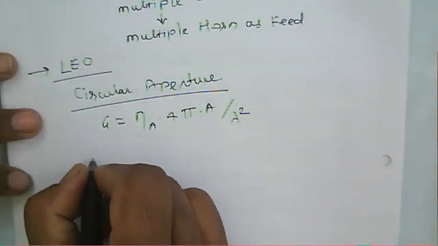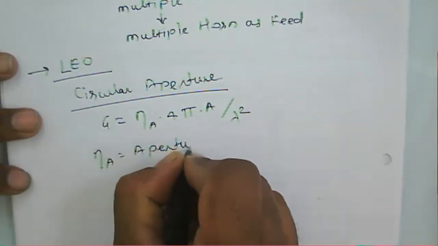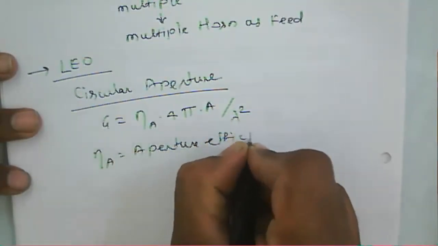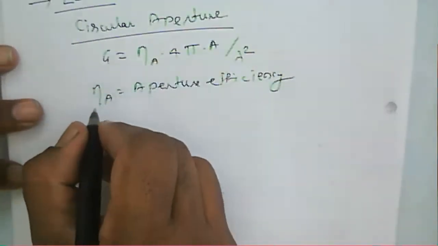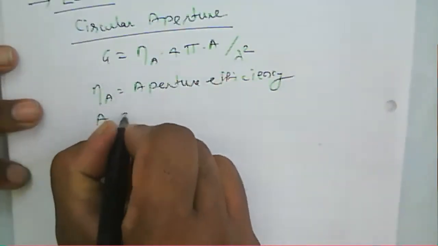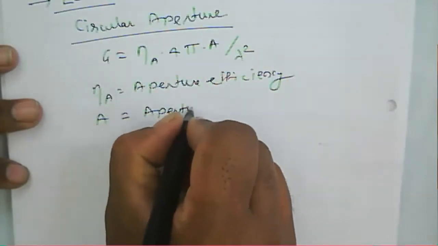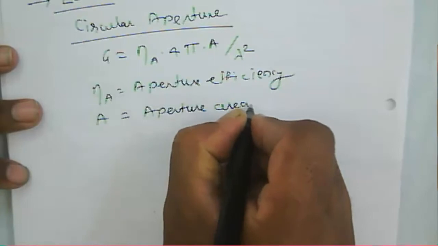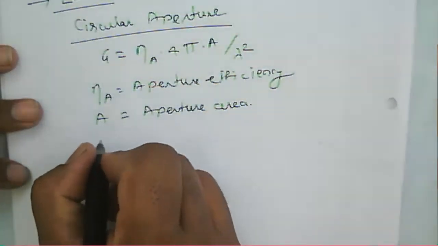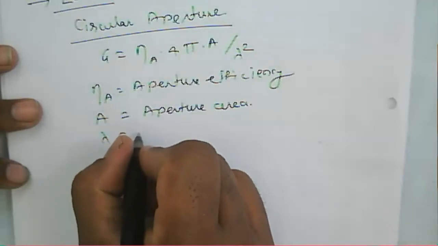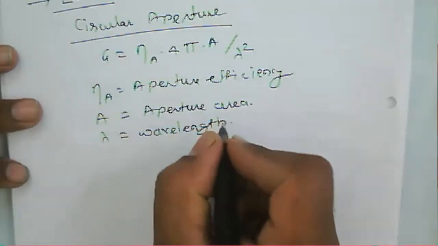This one is nothing but the aperture efficiency of the antenna, A is nothing but the aperture area, and lambda is the operating wavelength of the antenna.